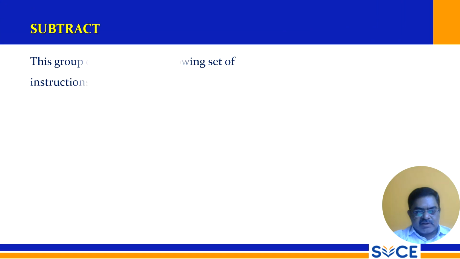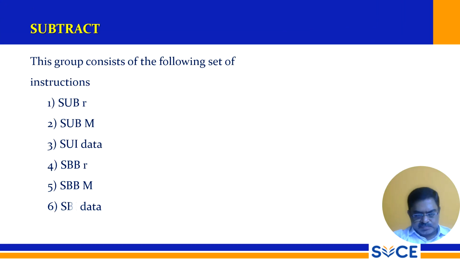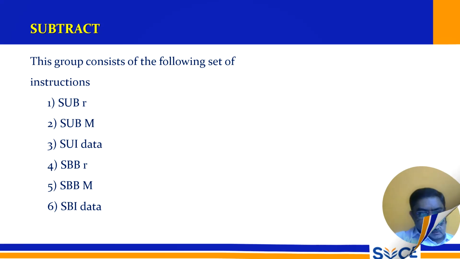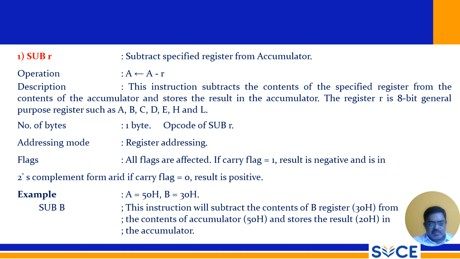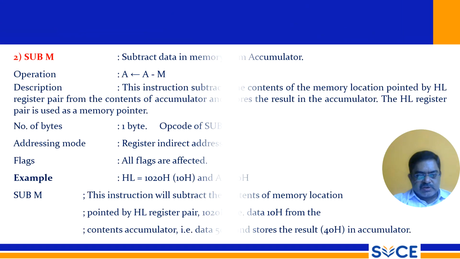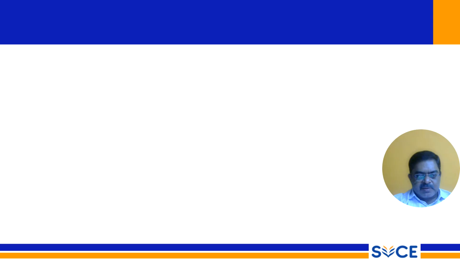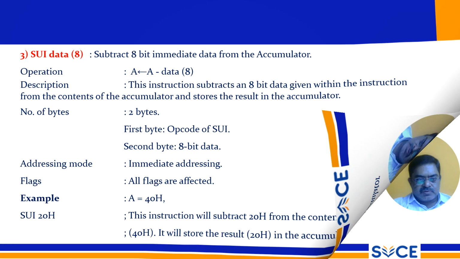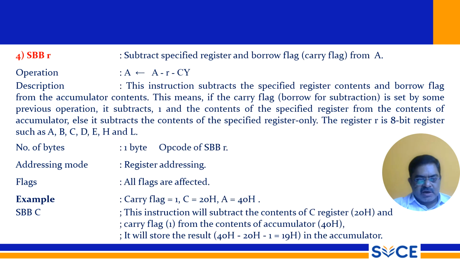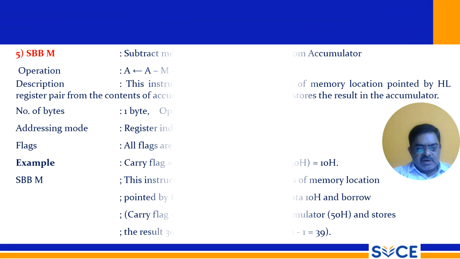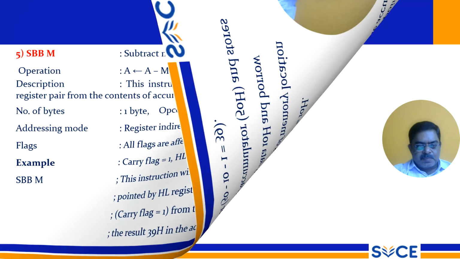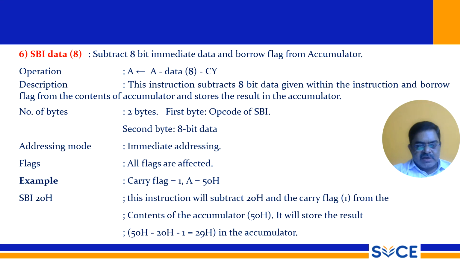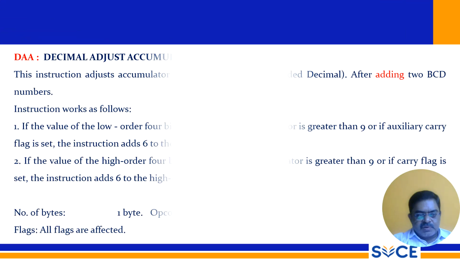The working of all these 6 is the same as addition, so I am skipping this, and you can go through these instructions. SUB R, next one is SUB M, next one is SUI data, and you have SBB R and SBB M and SBI data.